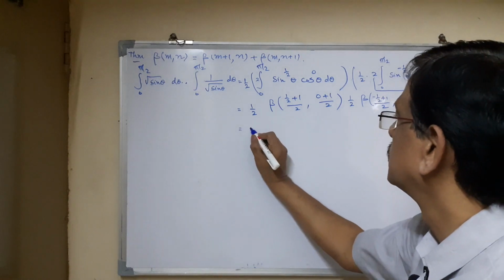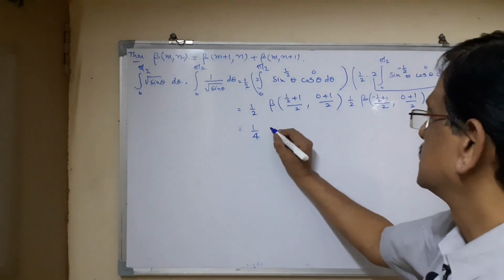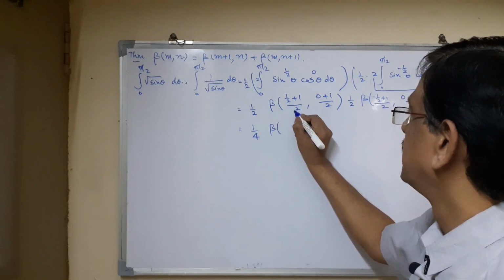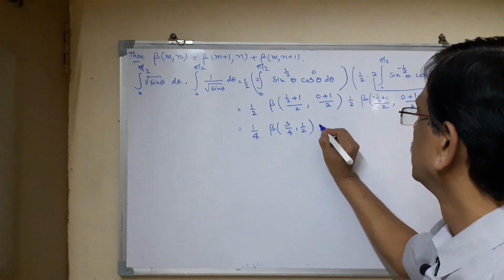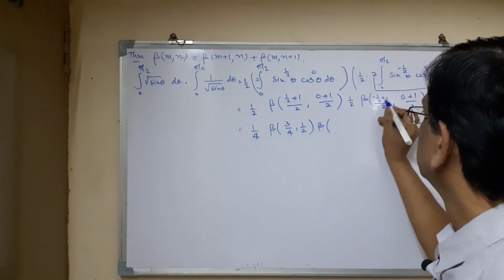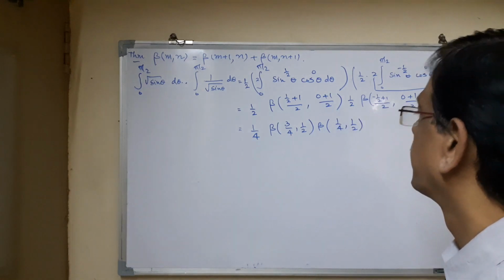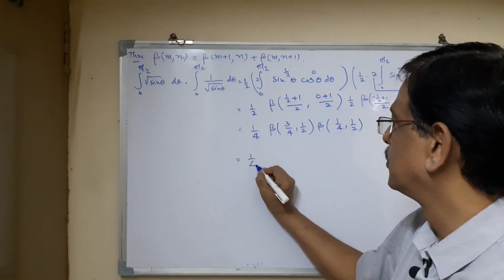So this is equal to 1 by 4 beta of 3 by 4 comma 1 by 2 into beta of 1 by 4 comma 1 by 2. Let us convert into gamma. This is 1 by 4.